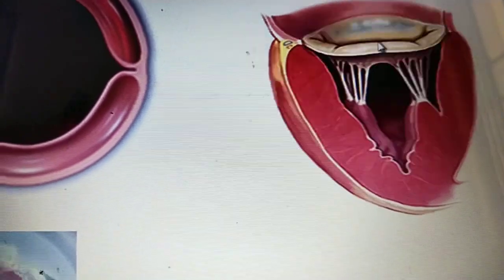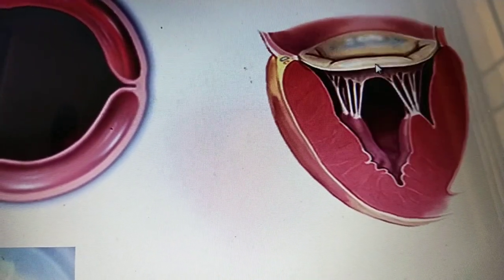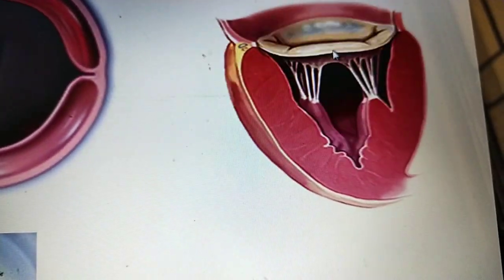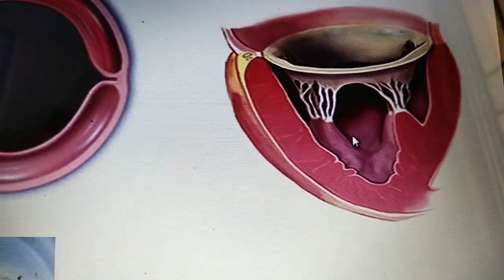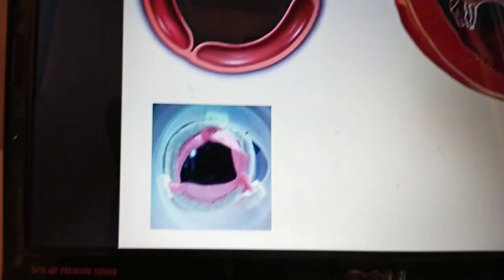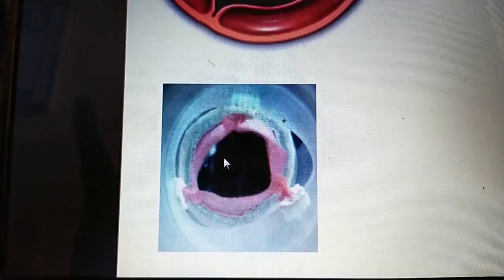This is an atrioventricular valve, or tricuspid valve. It is closed when the ventricle contracts, and it is open when the ventricle dilates. This is an atrioventricular valve, or tricuspid valve with leaflets.